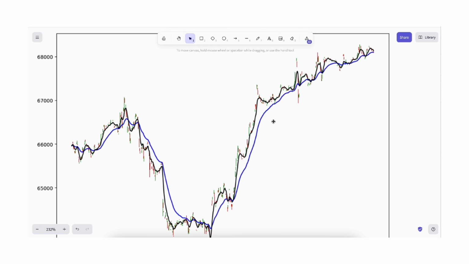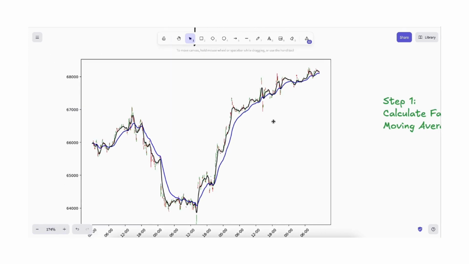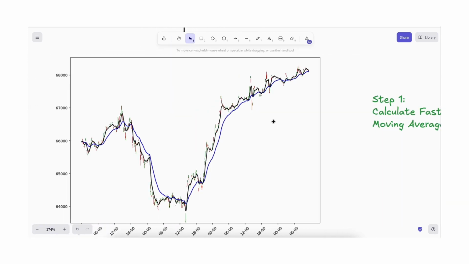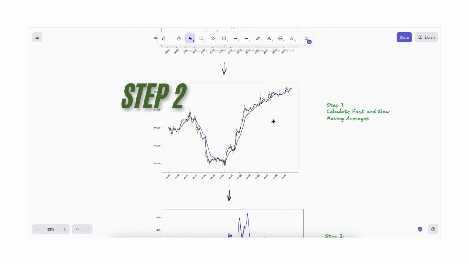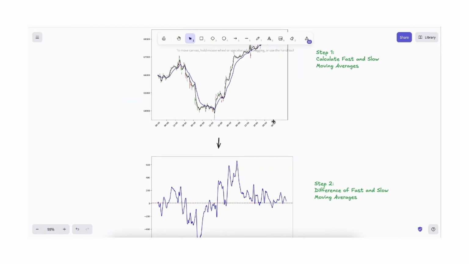So step 1, we have calculated the fast and the slow moving averages of the data, and then step 2, we are going to look at the difference of the fast and the slow moving averages. And as we already know, when the stock is bullish, the fast moving average is larger than the slow moving average.